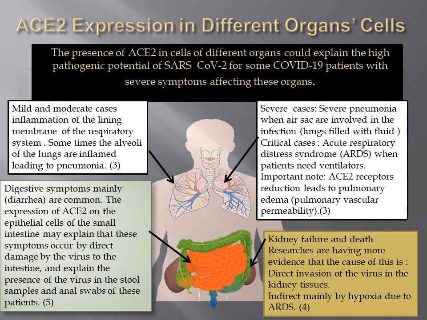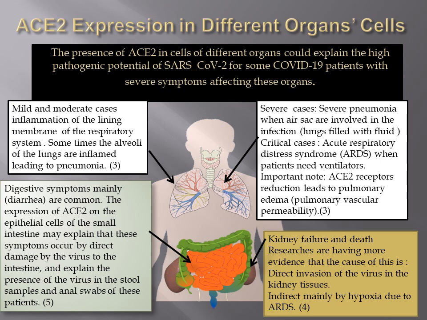Also, we have heard of a lot of patients showing gastrointestinal symptoms, especially diarrhea, and now it is believed that the presence of ACE2 in the epithelial cells of the small intestine especially may be the reason for these symptoms, which is also explained by the direct invasion of the virus to these cells.